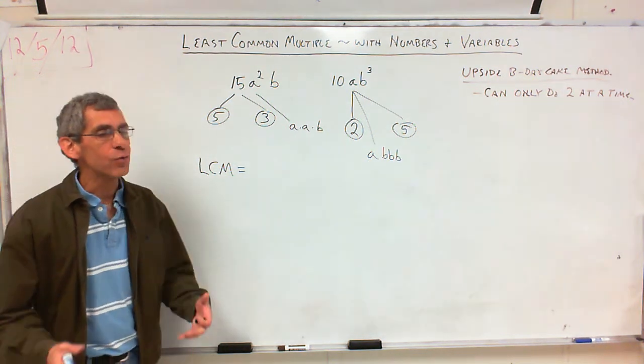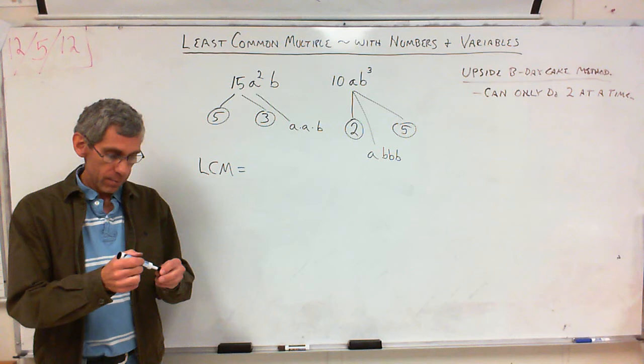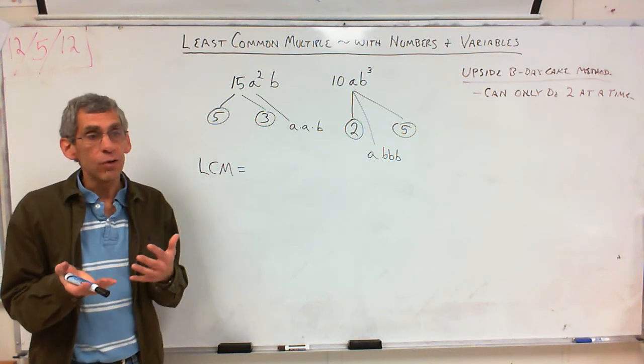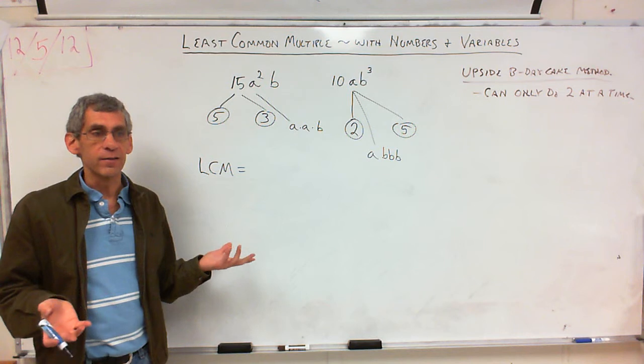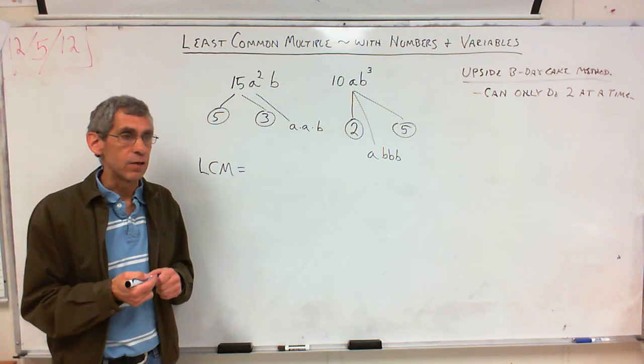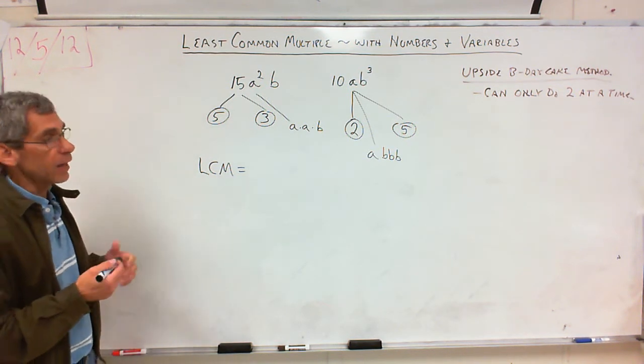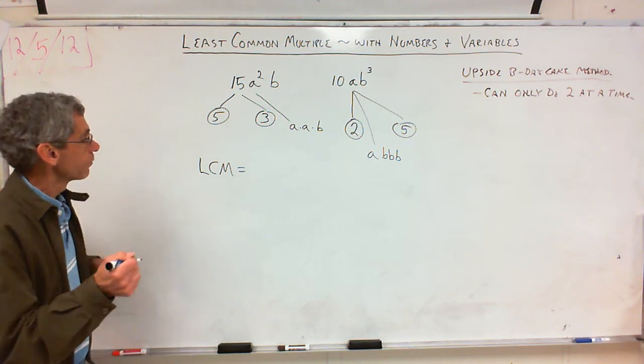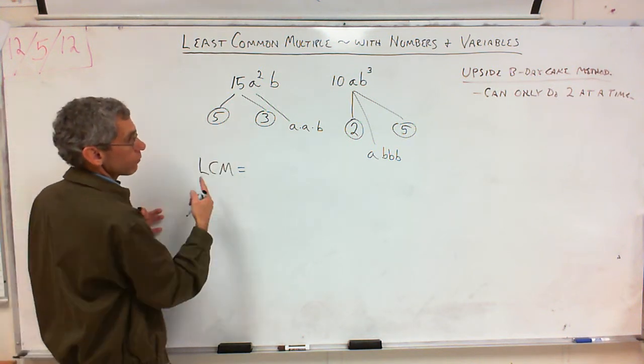We're just assuming that because there's nothing else we can really do. Since we don't know what they are, we just have to use them as they are, as unknowns. So we're going to think of them like a prime number in the tree factoring for now.